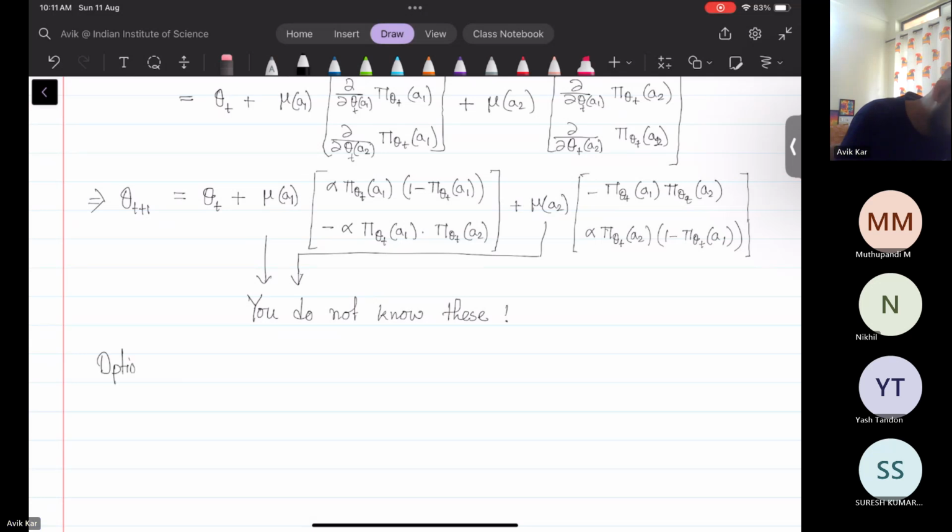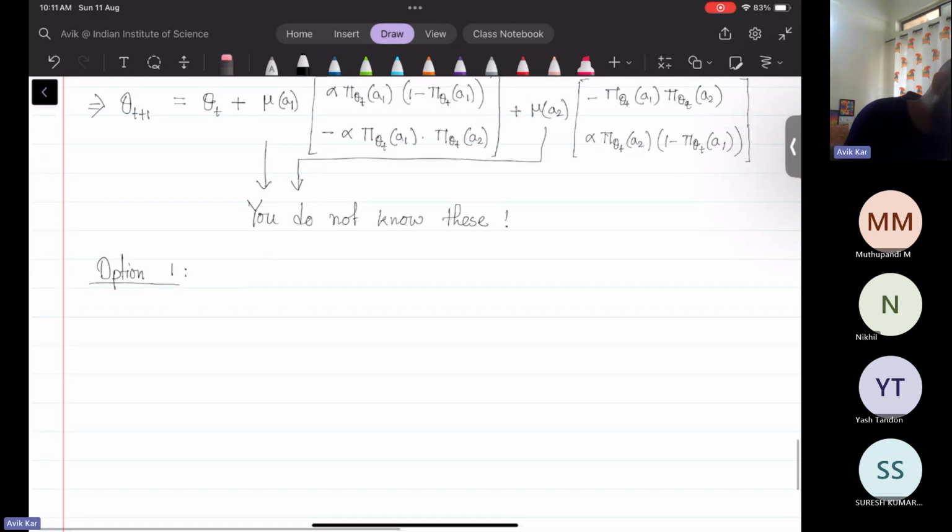Option 1, which is the idea of REINFORCE: at time t you have a_t and r_t.